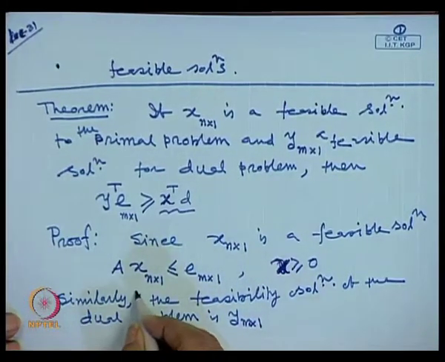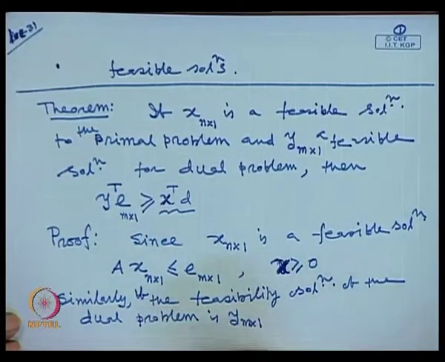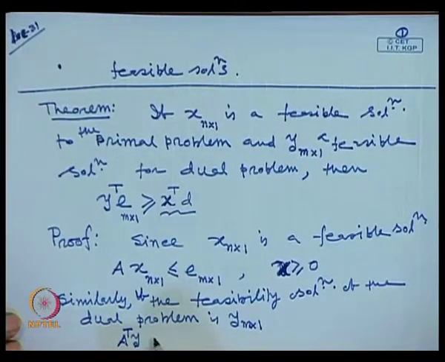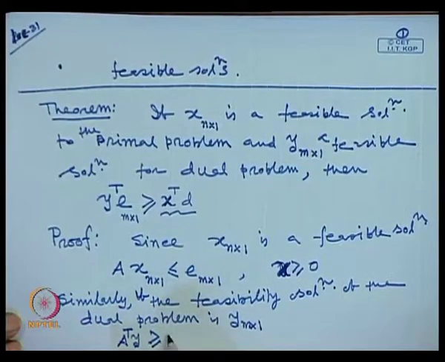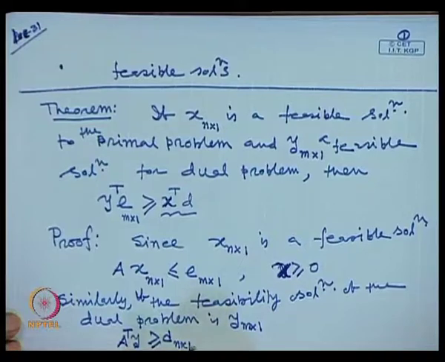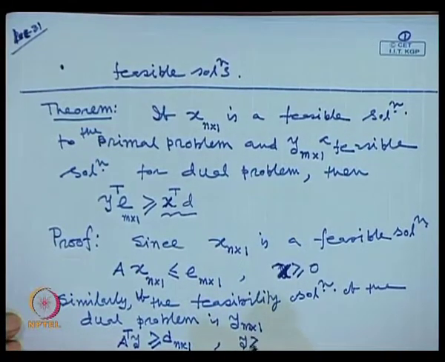If the feasible solution of the dual problem is y, then we can immediately write A transpose y is greater than or equal to D, where D has dimension n cross 1, and the dual variables y are all greater than or equal to 0.